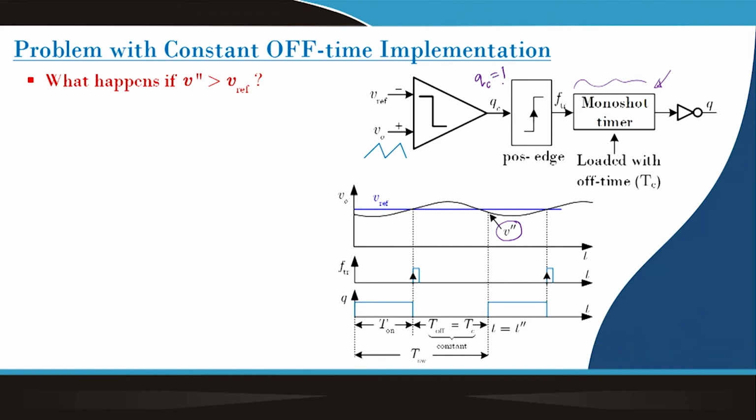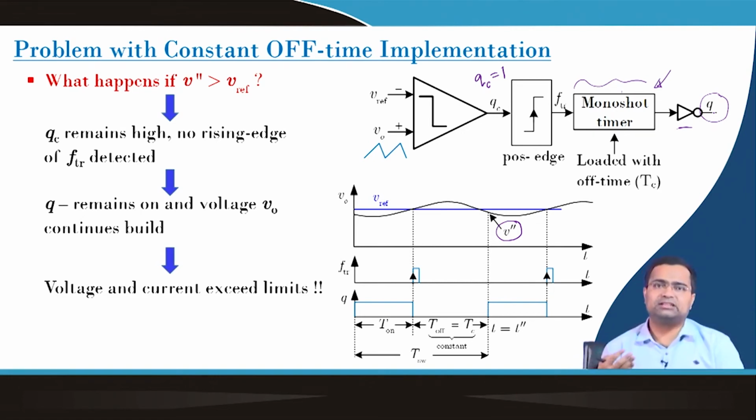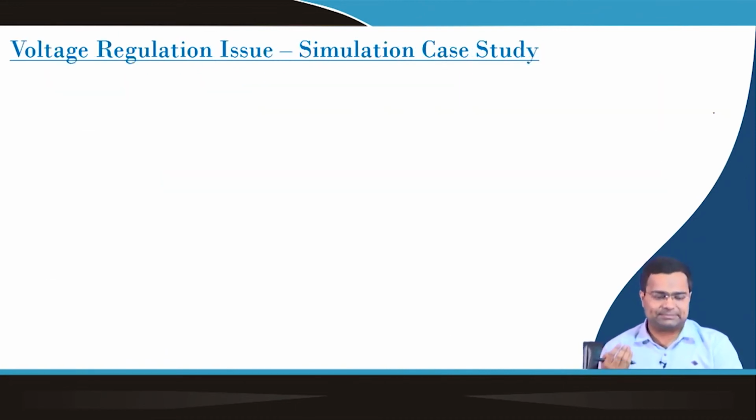If no edge is detected, the monoshot timer cannot be turned on again. As a result, the monoshot timer output is 0 and this Q will remain high. If Q remains high, with no rising edge detected, then the output voltage will further increase, and ultimately either the voltage will exceed the specified limit, or the current will exceed the specified limit.